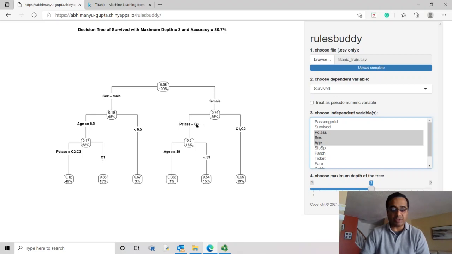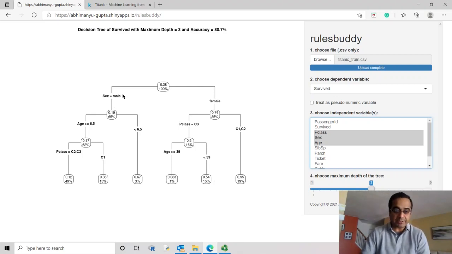However, when this person was in C3, and the female was more than 39 years old, then the chance of survival of that female was really, really low. It is just 8.3%. However, if the female was less than 39 years old, then the survival percentage was 54%. So you see how the various parameters are influencing the survival chance of a person.